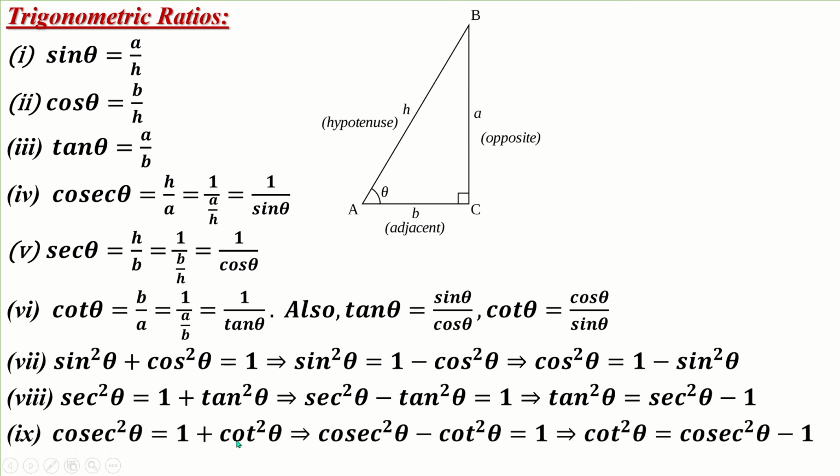Cosec square theta equals 1 plus cot square theta, cosec square theta minus cot square theta equals 1, or cot square theta equals cosec square theta minus 1. You have to remember these, otherwise the math will be very difficult for you. Clear everyone?